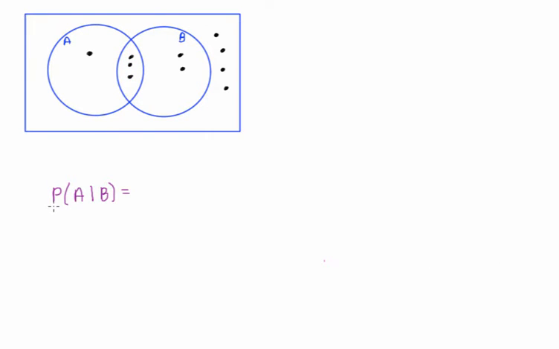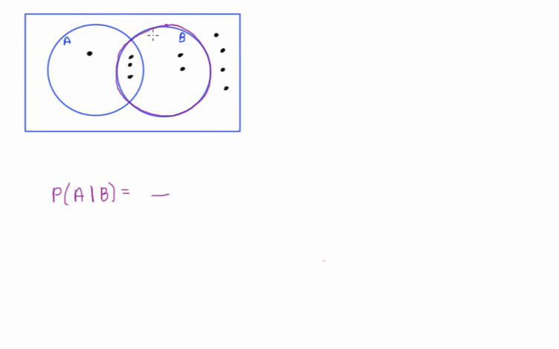This reads, probability of being in A given that you're in B. Okay, so start with the given. I'm given that I'm in B. So given that I'm in circle B, what's the probability that I'm in A? Given that I'm in B, what that does is it changes our sample space.